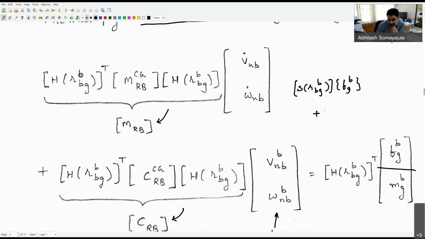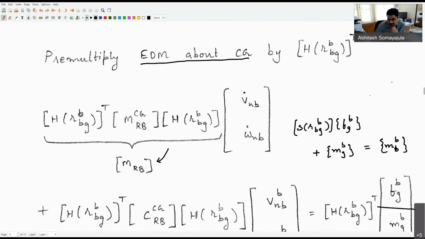So it will simply become M_GB, and this thing is actually equal to M_BB. So if I put this in the so-called vector notation, what do I get? M_BB is equal to M_GB plus R_BG cross F_BG.